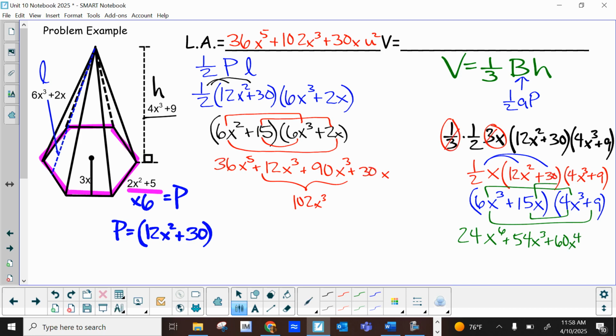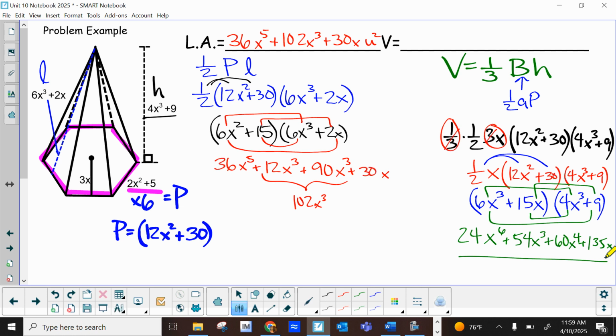And the last terms, 15x times 9, 15 times 9, I don't know that, 135x. Okay, I don't see any like terms in there, so now I'm ready to write my final answer.